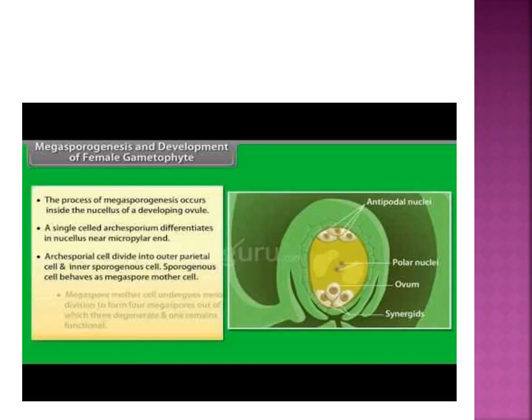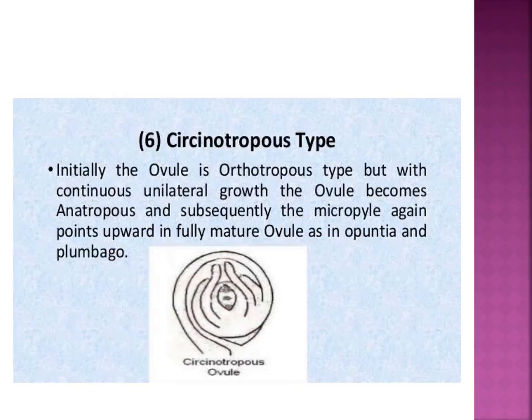Next one, the campylotropous type. These are types of ovule. Initially the ovule is orthotropous type, but with continuous unilateral growth the ovule becomes anatropous and subsequently the micropyle points upward in the fully mature ovule.